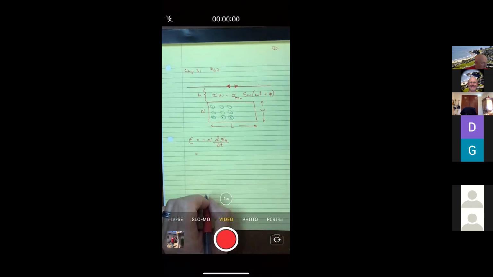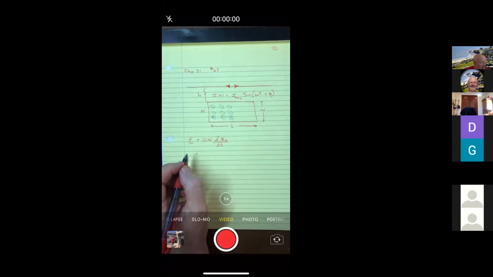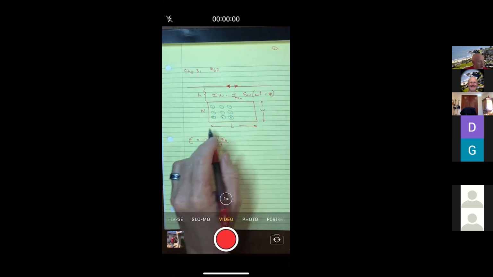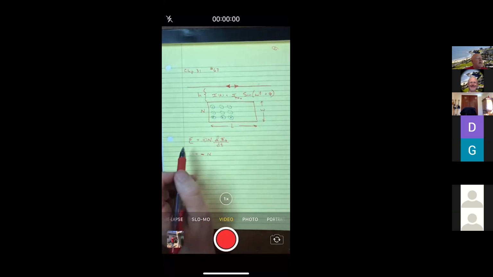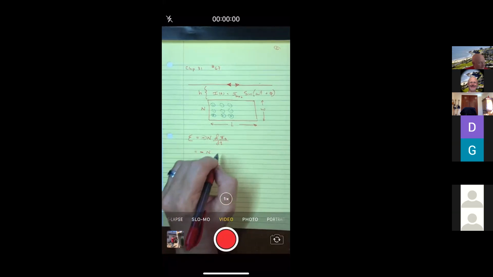All right. So writing this out, you could either include or exclude the negative sign. I guess I'll just keep it there for a second. N is the number of turns in this secondary, which I think they do say take N to be 100. Okay, so I'll do that later on.